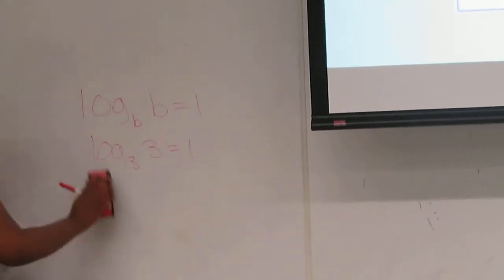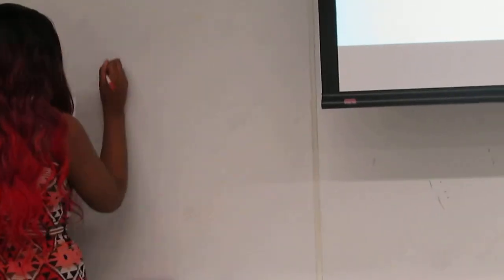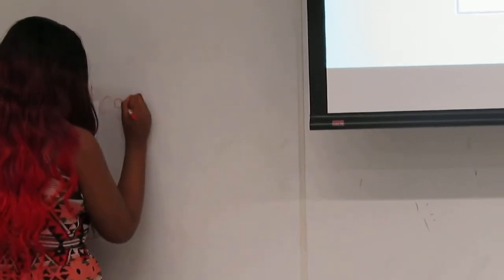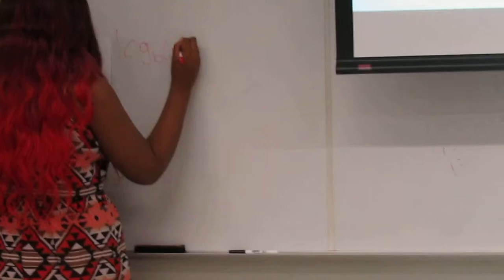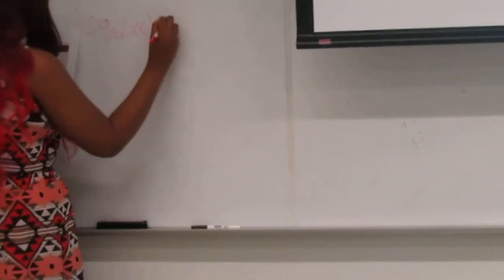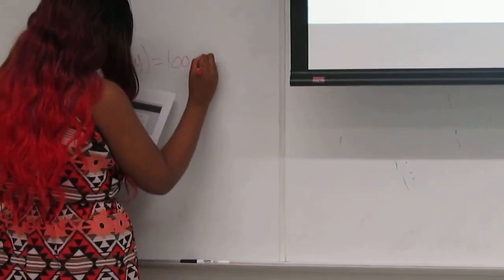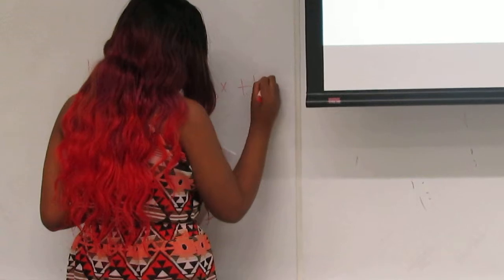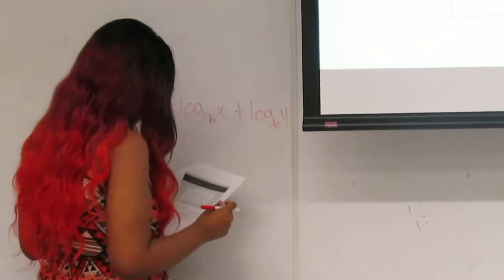The product rule for logs states log base b of x times y equals log base b of x plus log base b of y.